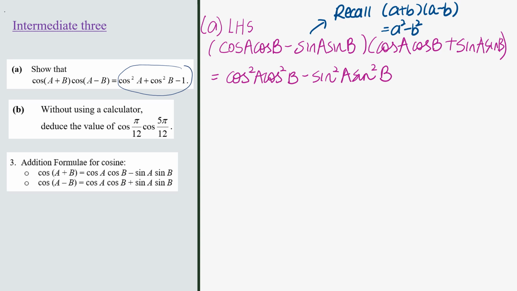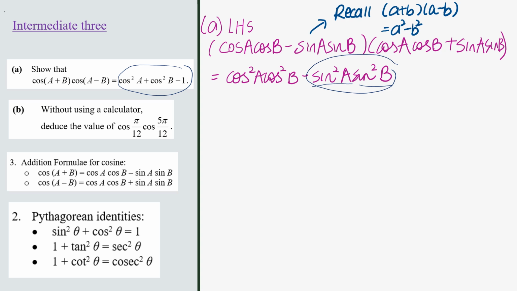So that means we need to eliminate your sine. Okay, that means we need to do something to this to express it in terms of cosine. And of course, that will involve using the Pythagorean identities, where you can make your sine squared A equal to 1 minus cos squared A, and sine squared B to be 1 minus cos squared B.